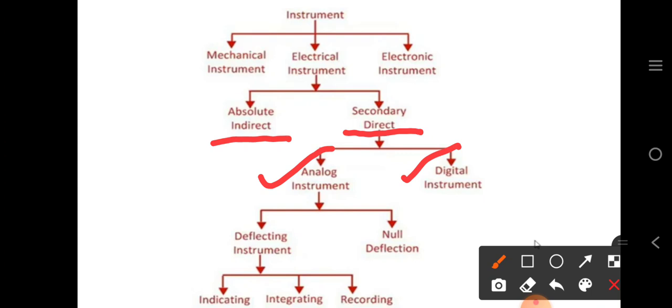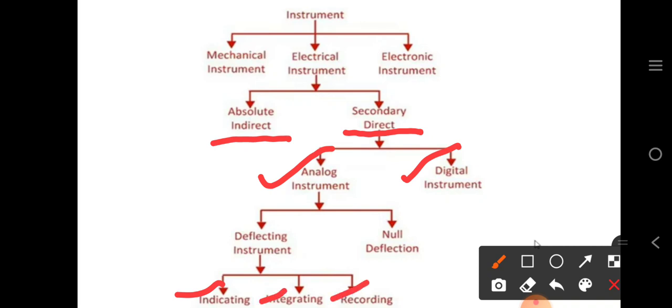Now the analog instruments are further classified into two: deflecting instrument and null deflection instrument. Then the deflecting measuring instruments are classified into three: indicating, integrating and recording instruments.